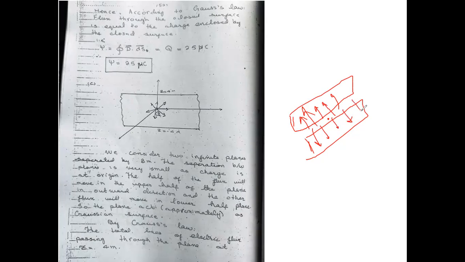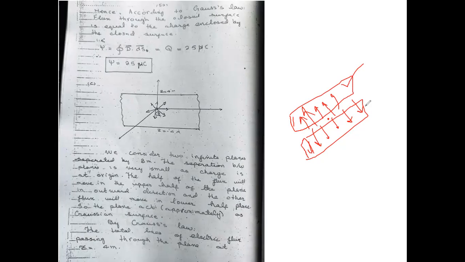So as we have given that we have one plane only, we will consider either of the top or the bottom plane. As I have told you, half of the flux lines are passing through the upper side of the plane, and the half are passing through the lower side.